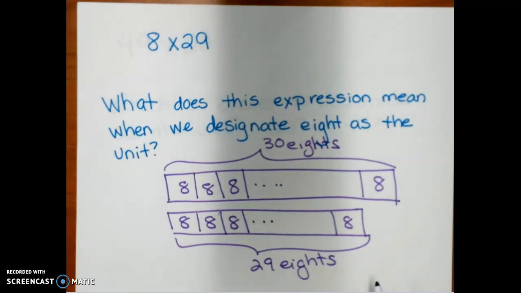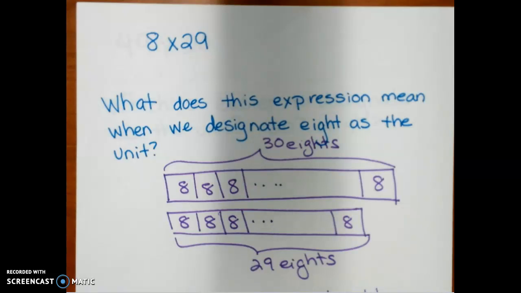So 30 eighths minus 1 eighth equals 29 eighths. So 30 times 8 minus 1 times 8 is going to equal 29 times 8.